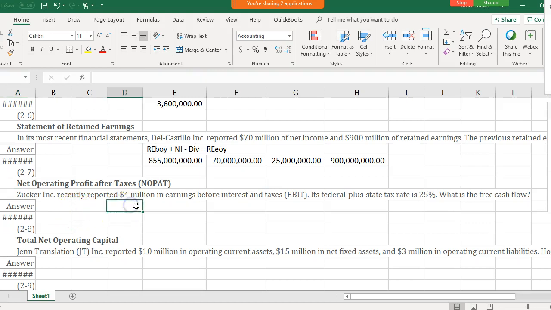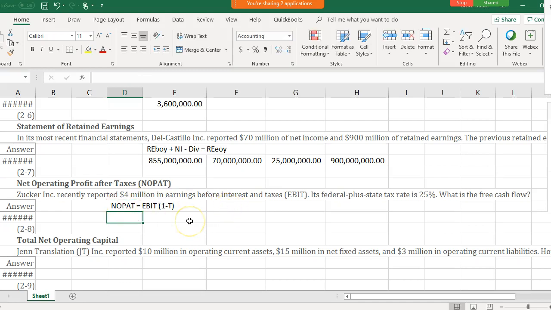And so I'm doing the formula for you here. And so your NOPAT, net operating profit after tax, that equals your EBIT times 1 minus T. Okay, so that's the formula for it right there.